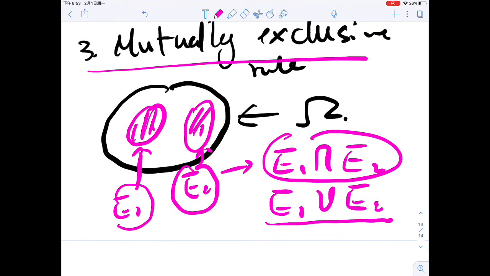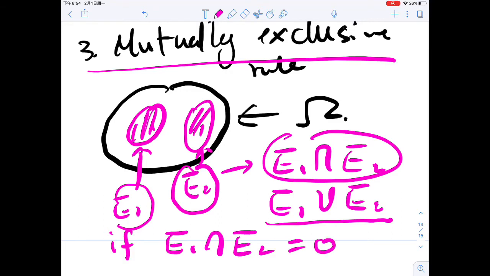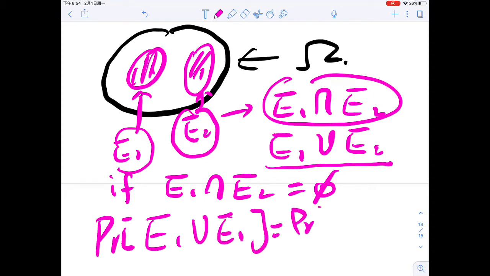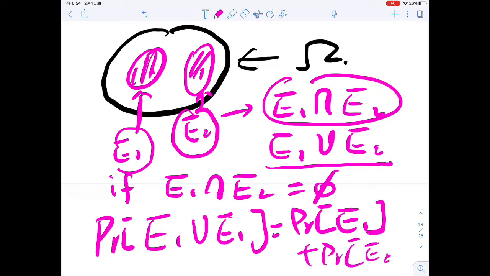So the third probability property basically says that in case the intersection of two events is empty, then the probability that one of these events happens, either event 1 or event 2, is going to be the probability of event 1 plus the probability of event 2.